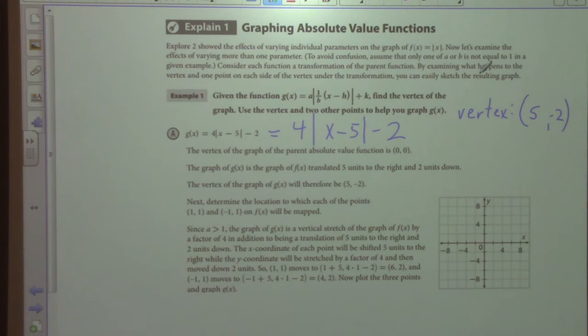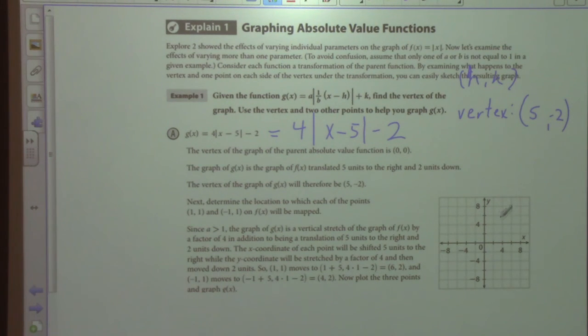Yeah, so remember the vertex is the coordinate pair h comma k, right? And the format is x minus h. So if it's x minus something, it's kind of like for the x coordinate the sign switches, is one way to think of it.